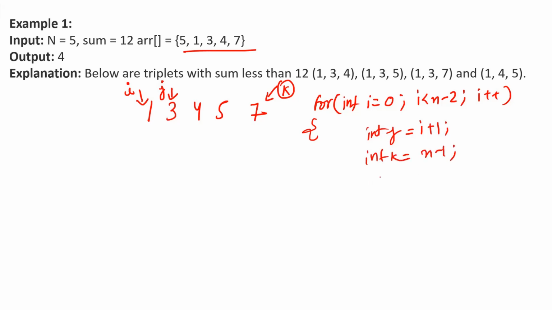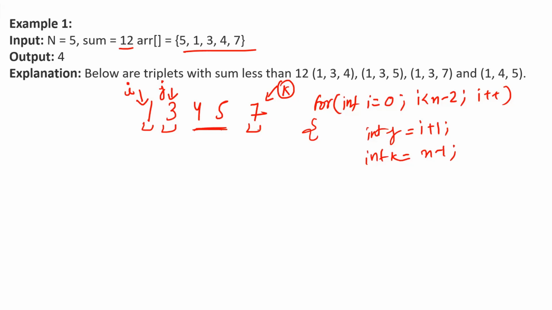Now, before proceeding further, let's see how this approach is going to work. So the sum value that is given to you is 12 here. So we can check that if arr[i] + arr[j] + arr[k] is lesser than 12, then for sure what you can say is that whatever the elements will be in between, they'll also be making a possible triplet, because 7 is the largest element.